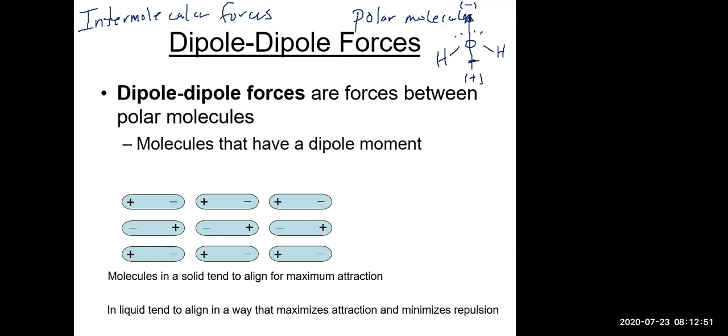Much like the picture shows, you have one polar molecule that has a positive and negative side, and when it gets in contact with another polar molecule, which also has a positive and negative side, the negative side of one polar molecule will be attracted to the positive side of another. That is where that intermolecular force comes from. It holds one polar molecule together with another.